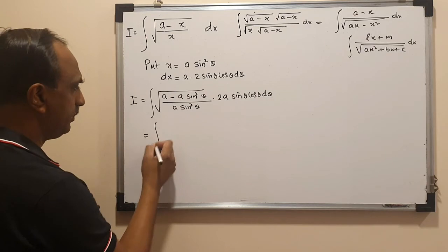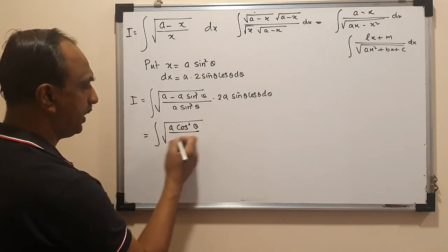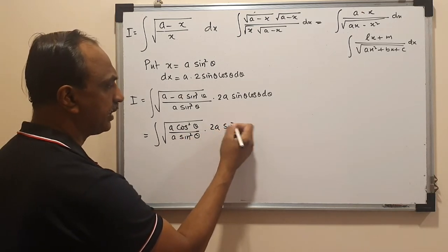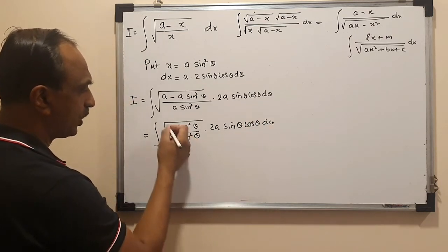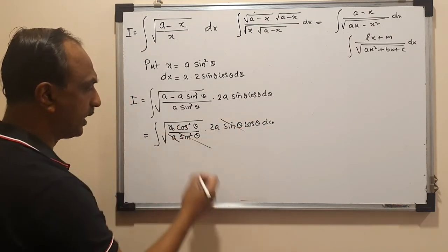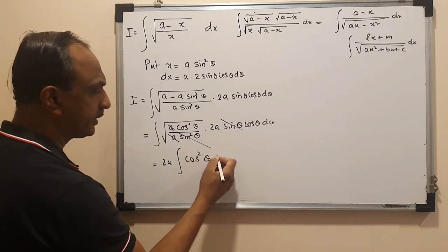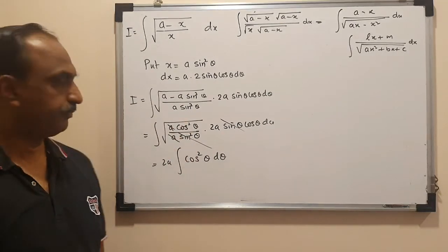So this will become root of a cos square theta divided by a sine square theta into 2a sine theta cos theta d theta. The a got cancelled, root of sine square and sine got cancelled. So 2a into cos square theta d theta becomes your final statement. The square root and square went away.